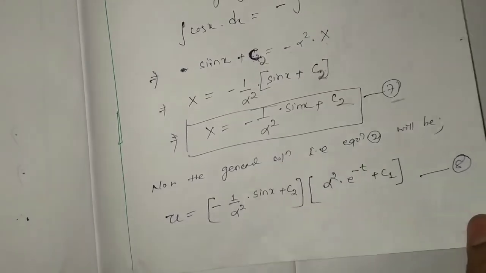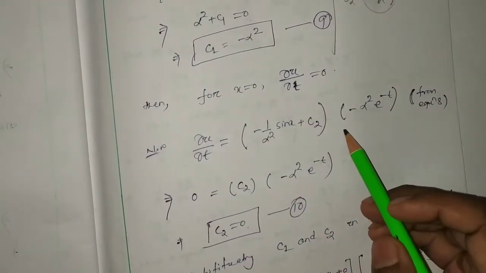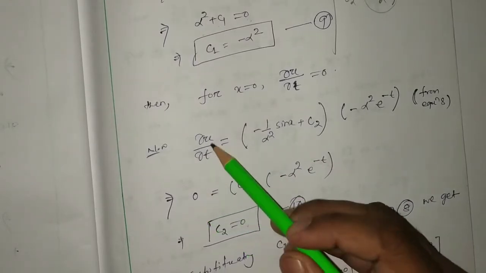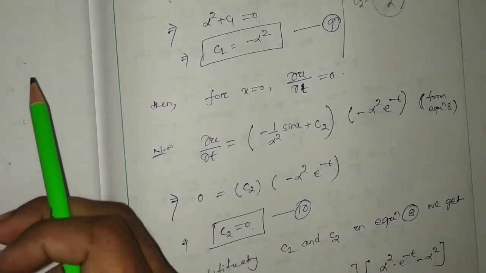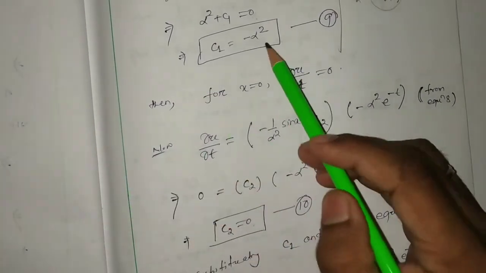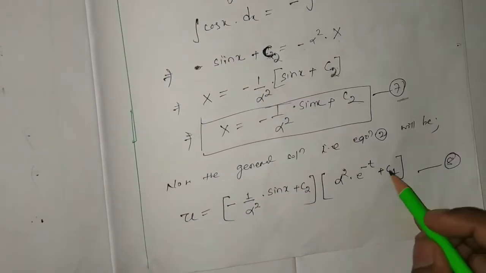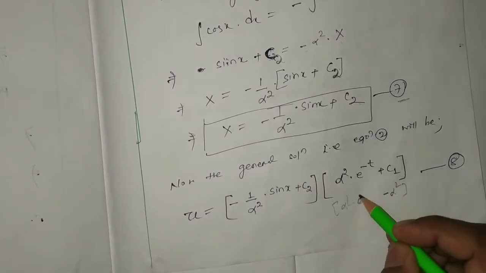Now we have to consider another boundary condition, that ∂u/∂t equals 0 at x equals 0. First we have to find ∂u/∂t. By substituting this value of c1, that will be minus alpha square into e to the minus t.